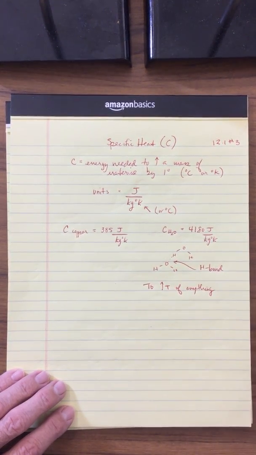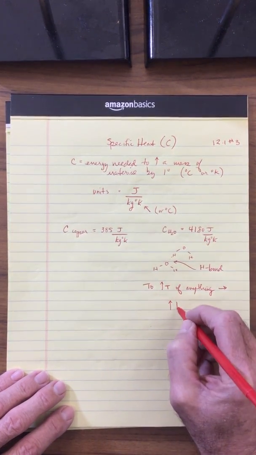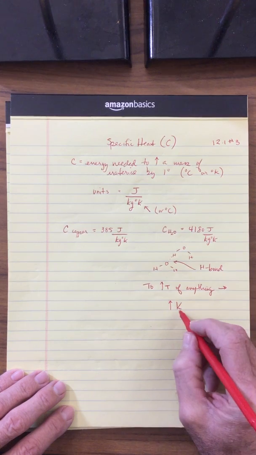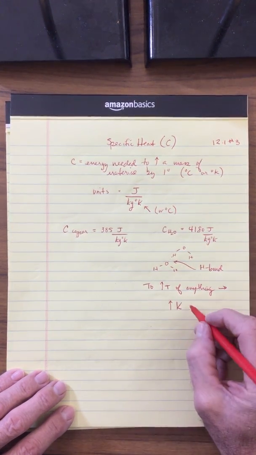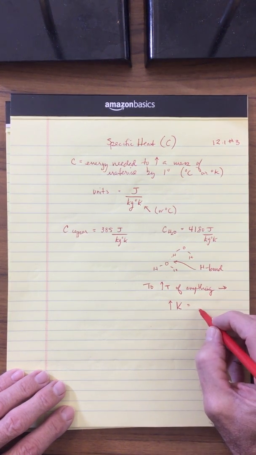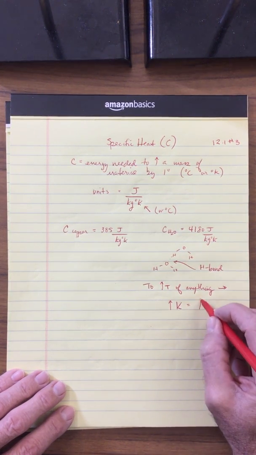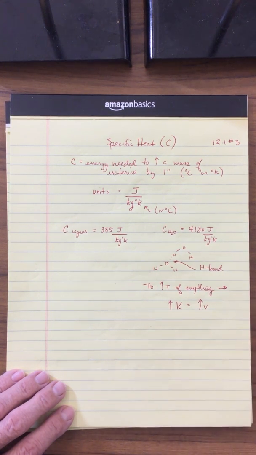So to increase the temperature of anything requires you to do this. We need to increase the kinetic energy. This is not Kelvin, that's why I'm writing degrees Kelvin here. This is the kinetic energy, which is 1/2 mv squared, meaning we have to increase the average kinetic energy of each particle, meaning that we have to increase the velocity.